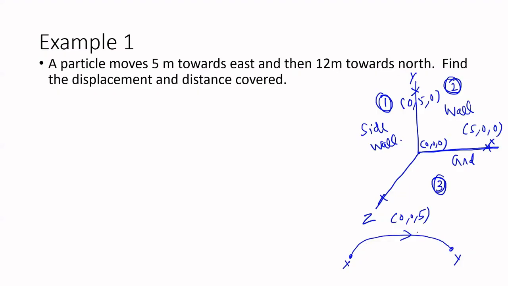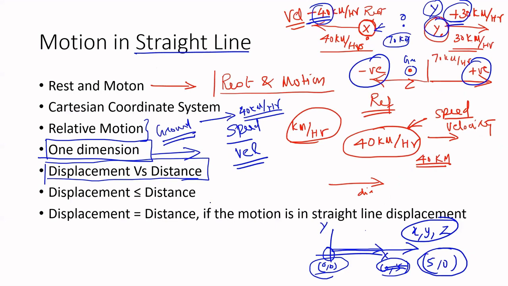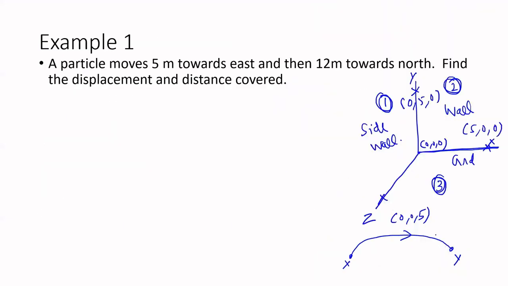This is called a distance. Displacement means even though we traveled from X to Y along this path, the shortest distance between X and Y is called displacement.